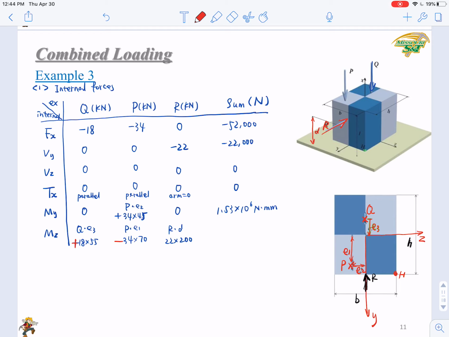And the R, you need to look at here, okay? The R will tend to make tension or compression to point H. Tension, right? So it's a positive again. So here you can just add these 3 things together, considering their signs. Then you will get a positive 3.01 million Newton millimeter.